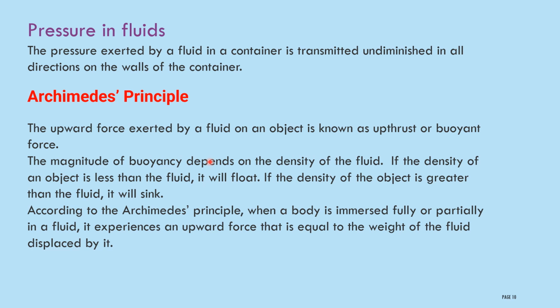For example, a sponge. The density of a sponge is less than the density of the fluid. Therefore, the sponge, or any lighter object having less density, will float in a particular fluid.